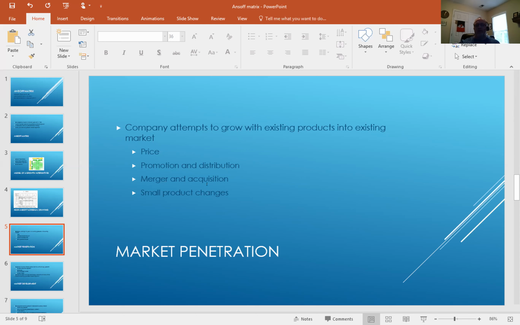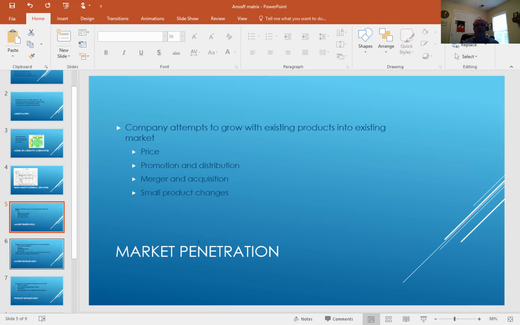It could also be done through merger and acquisition, simply merging or acquiring another company that's already in that segment with that product. And finally, small product changes. While it's not a new product, it might have some different feature or capability or adaptation, something that would differentiate that product just slightly while it's still the same product.